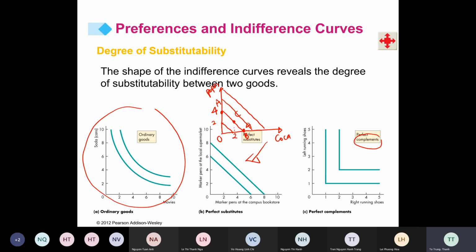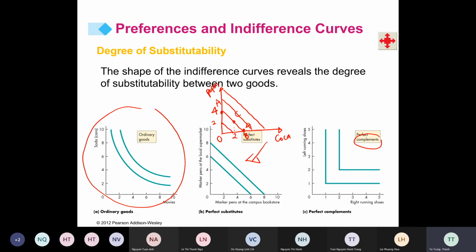Right? So the slides give us a very typical example of two goods, the right shoe and the left shoe. We can see the left shoe and the right shoe are perfect complements, right?